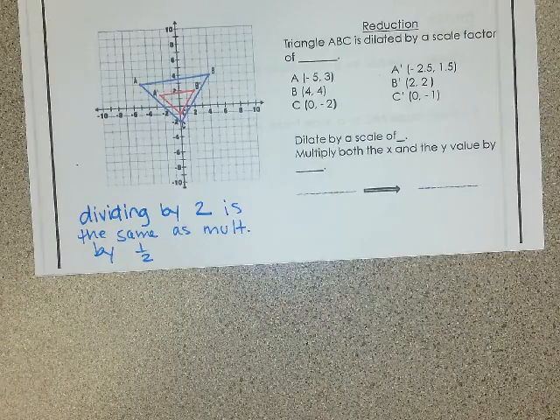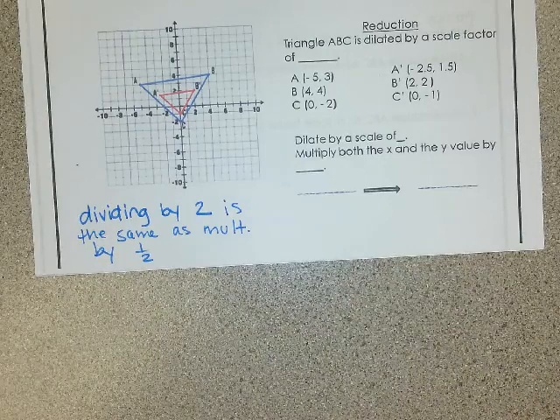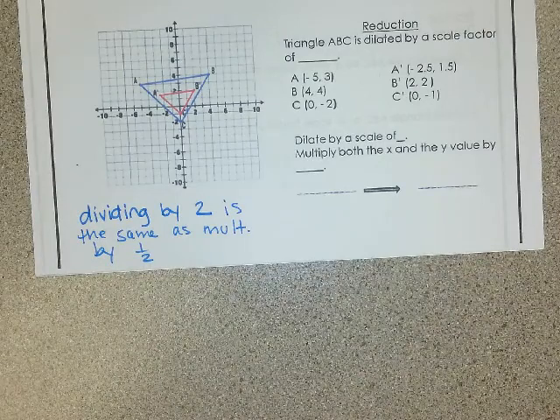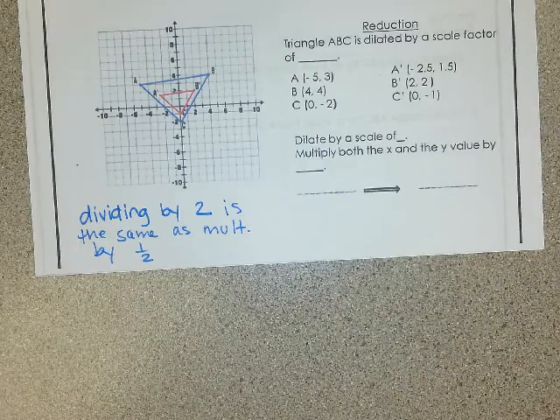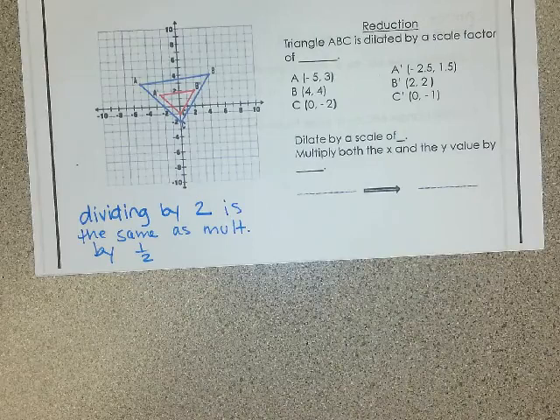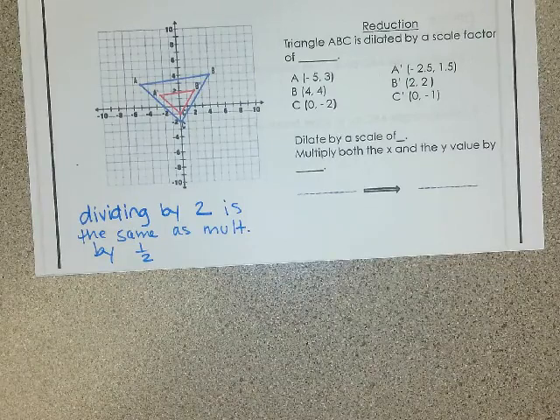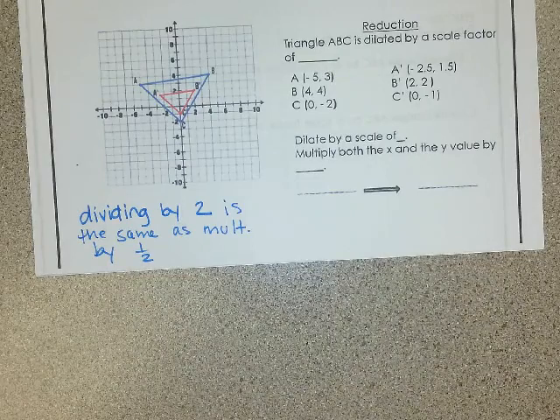So dividing by 4 would be the same as multiplying by what? 1/4. I thought you said just 1. Sorry.